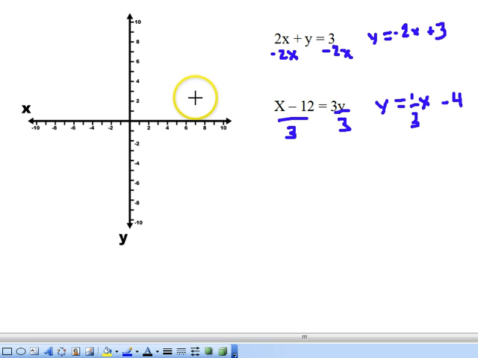So positive 3 is our y-intercept. Then we're going to use our slope to finish drawing the rest of the line. Our slope is negative 2/1, so we go down 2 and over 1.